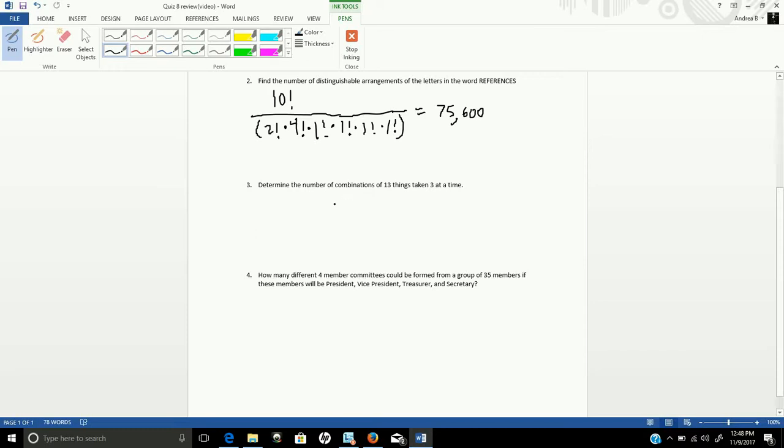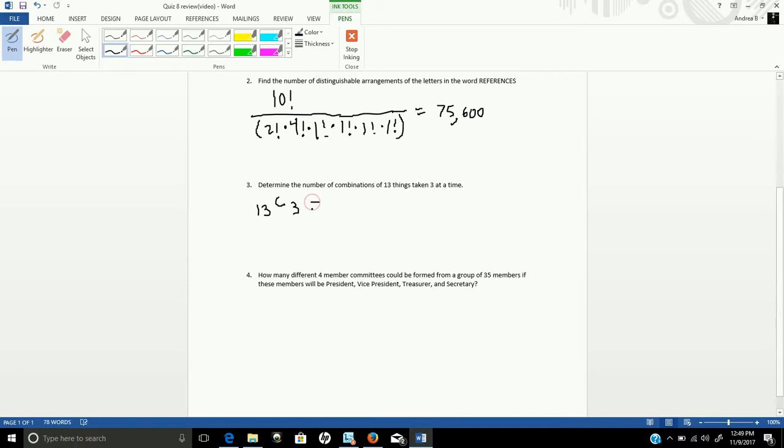So in this case it says combination, so that means we have 13, and then the symbol for combinations is a C, 3. Remember, you always put the bigger number first, the smaller number second, whenever you're doing your permutations and combinations.